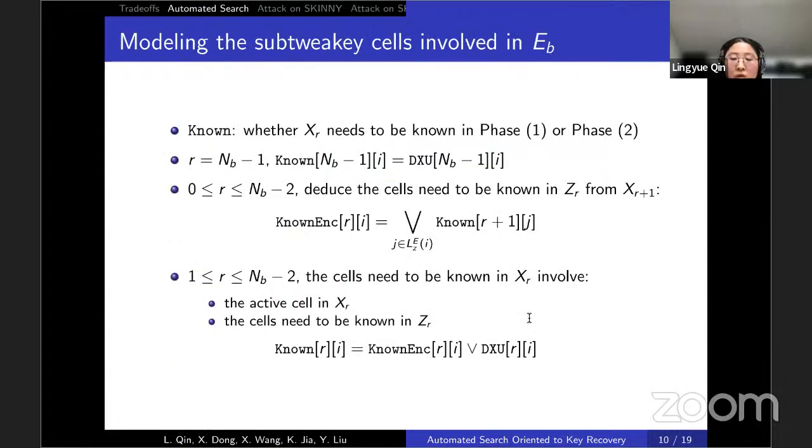So in our programming of the new model, we integrate the above 2 phases. The cells that need to be known in ZR can be deduced from XR plus 1 through the linear diffusion as in phase 1. Then the cells that need to be known in XR involve 2 types: the active cells in phase 2 and the cells that need to be known in ZR.